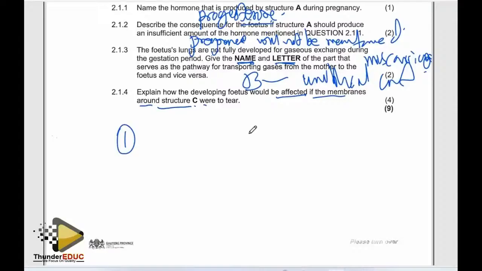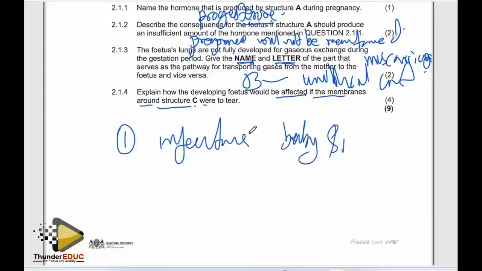Definitely there will be infection between the baby and the mother. They brought this question some time back. Yes, it was a final exam. Number two, premature rupture of the membrane. In the medical language, we call it PROM, premature rupture of membrane.